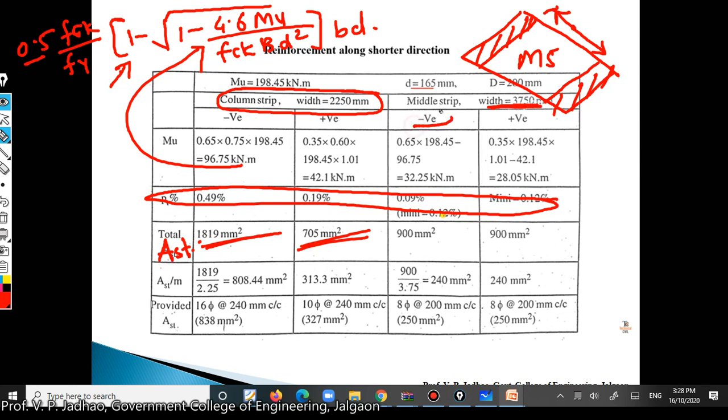For this negative bending moment in the middle strip, you will get the steel requirement equal to 900 mm square, and here again this will be less actually.